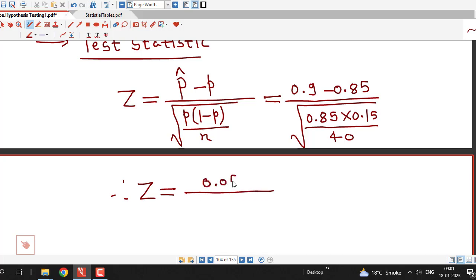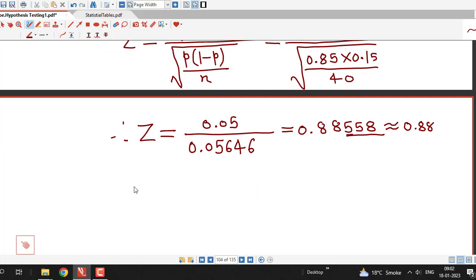The numerator difference is 0.05, and using a scientific calculator this square root becomes 0.05646, and this division gives 0.88558. Rounded off to 2 decimal places, we have 0.88.